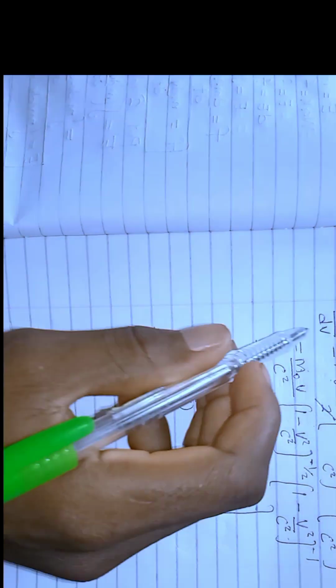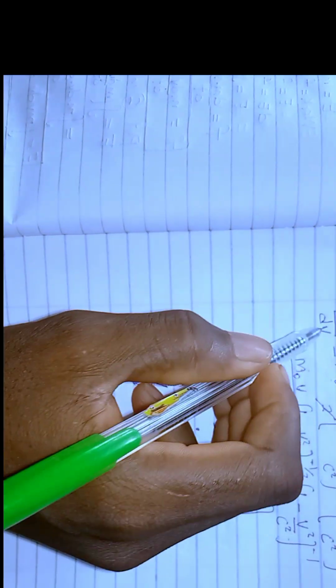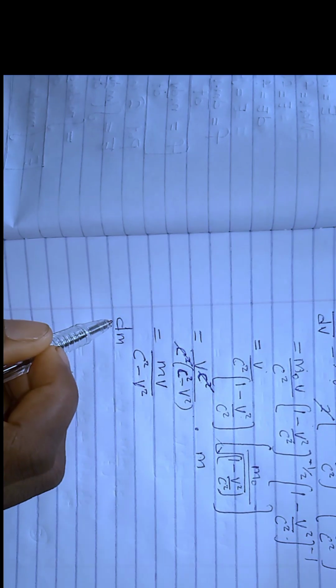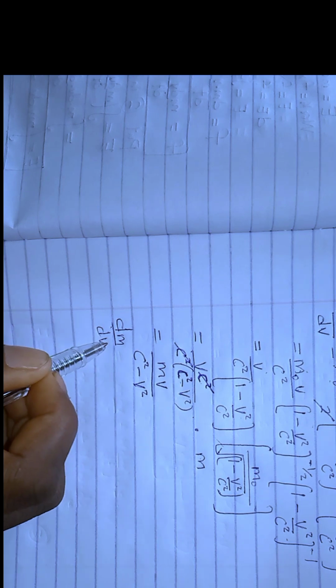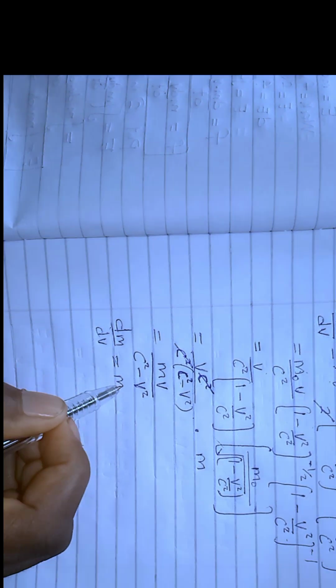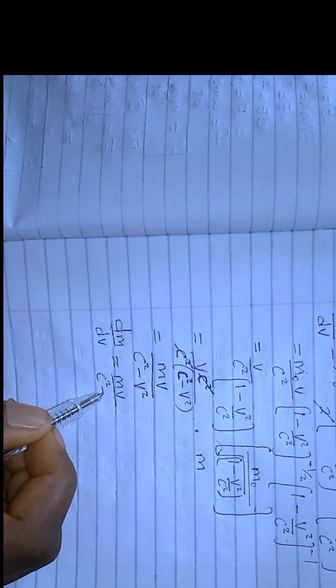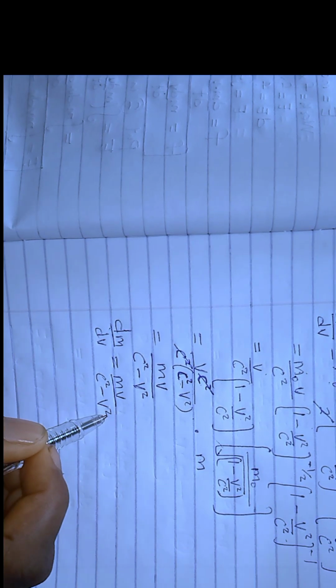Remember, the whole of this is the derivative of mass with respect to velocity. So you bring it down. The derivative of mass with respect to the velocity now is equal to the product of the mass and velocity all over the speed of light squared minus the velocity squared, right?